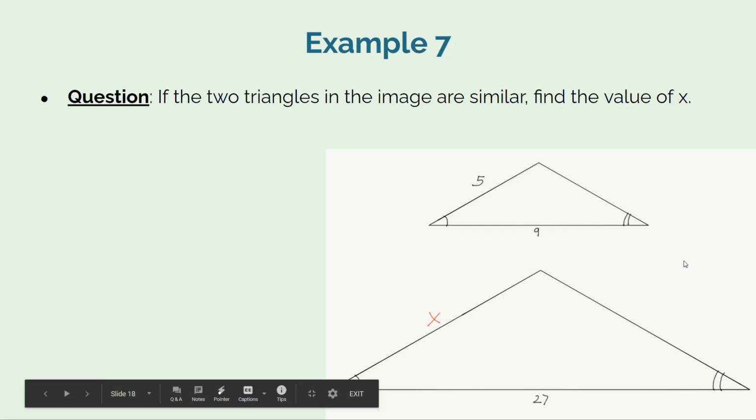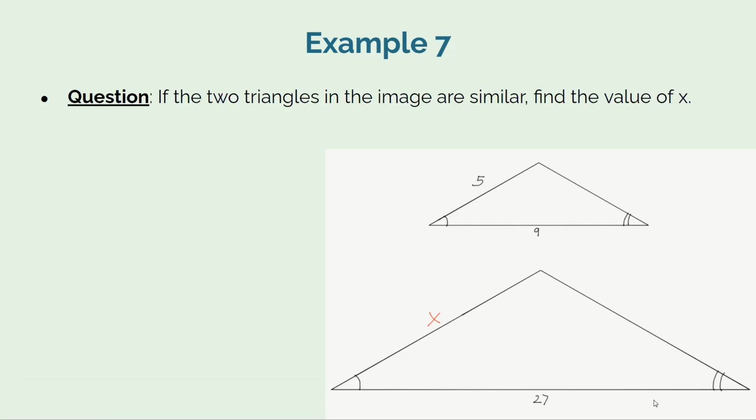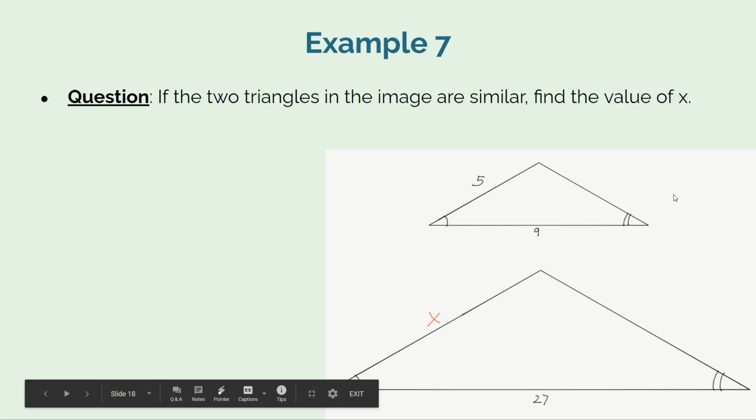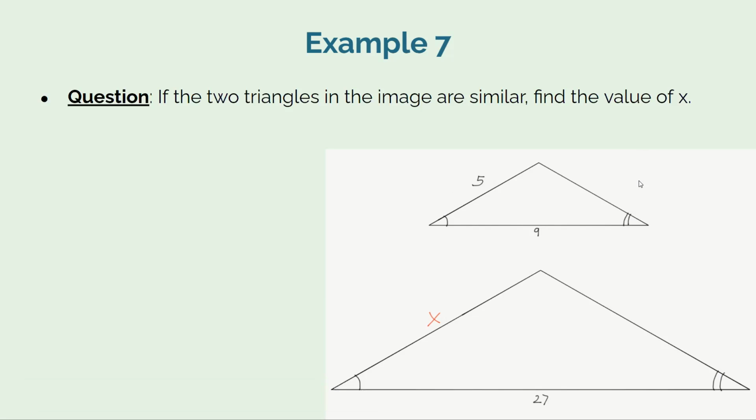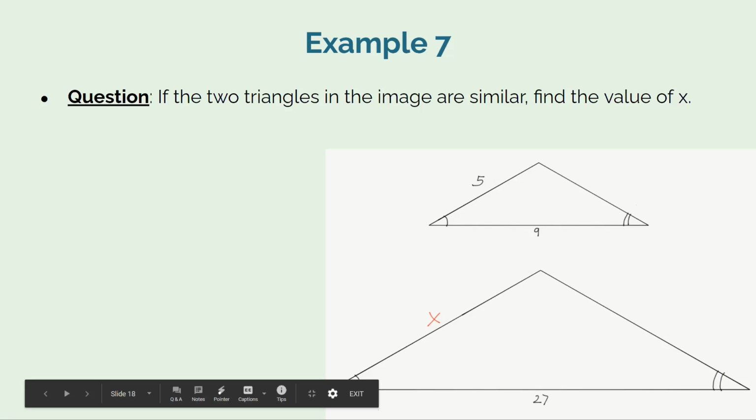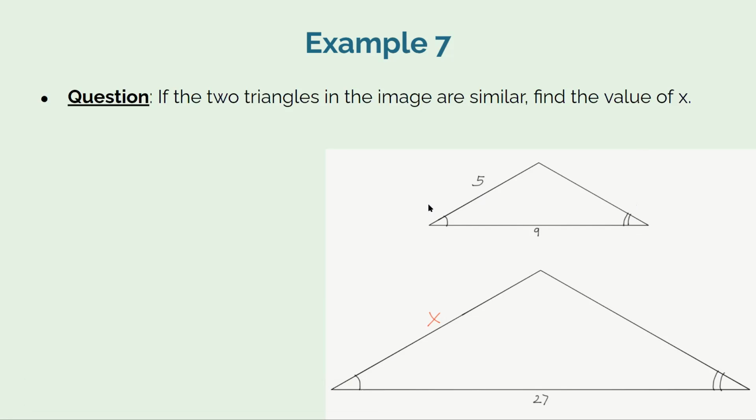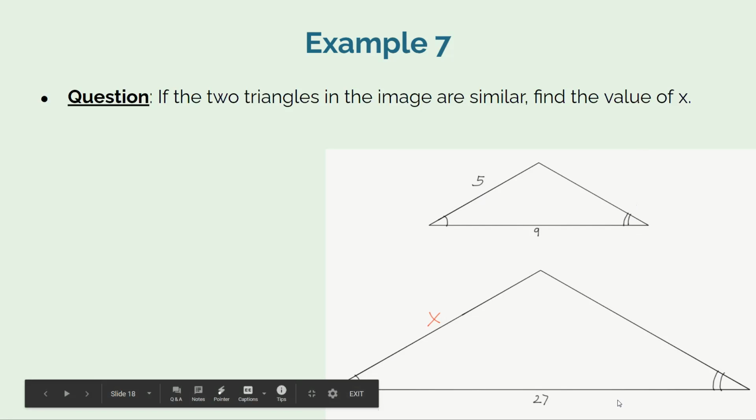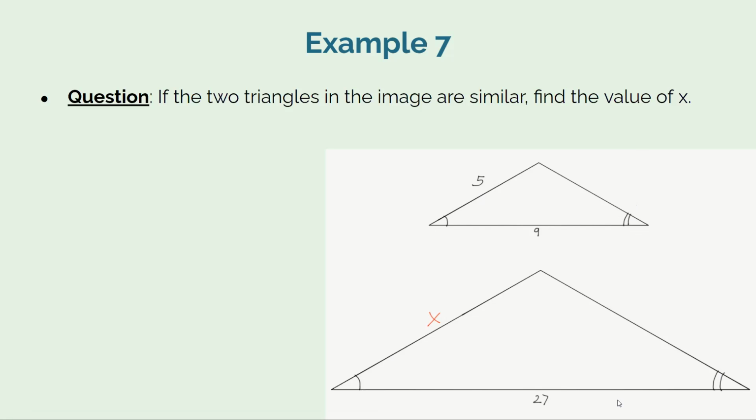If we know that 2 angles of both triangles are equal, then we know that the third angle has to be the same. That's basically a theorem, but we're not going to get into all of that. Just know that if 2 triangles both have 2 angles that are the same, then they're similar triangles.